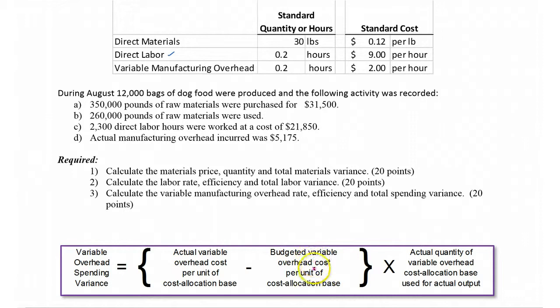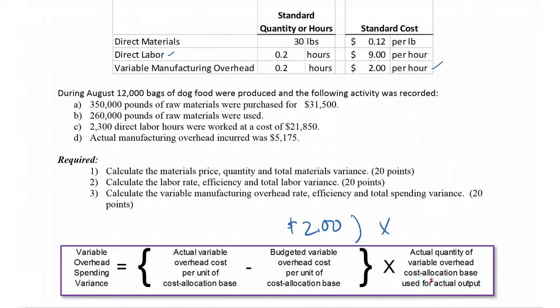And we're going to subtract the budgeted variable overhead cost per unit of allocation base, which is actually given to us right here. The standard cost per hour is $2.